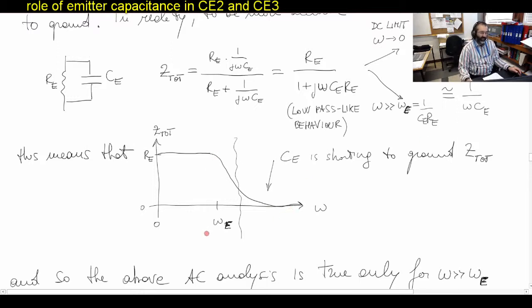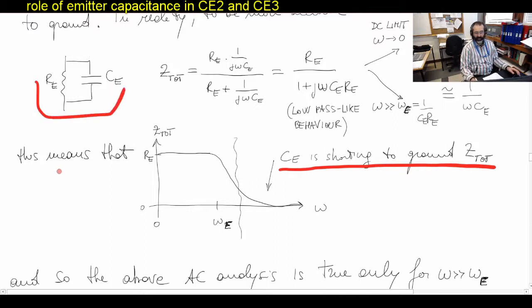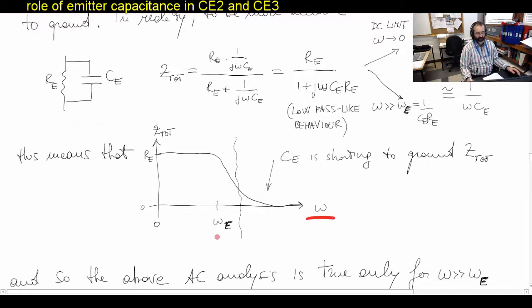And so this is showing us clearly that if we want CE to short to ground the total impedance of this circuit here, RE parallel to CE, we really need to be at omega bigger than omega E, where omega E is this quantity.